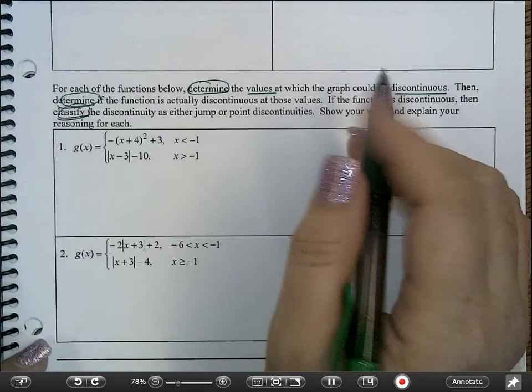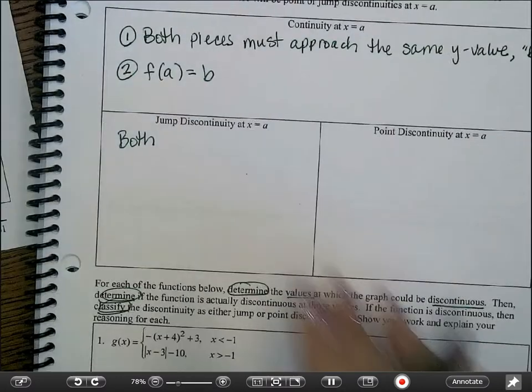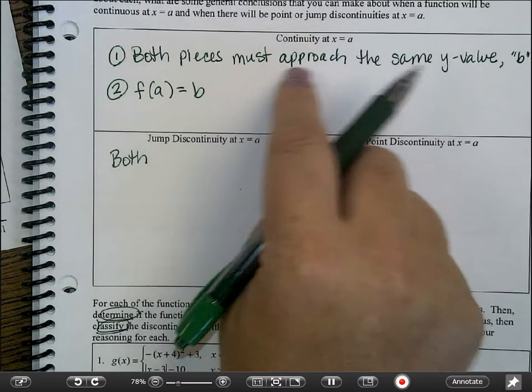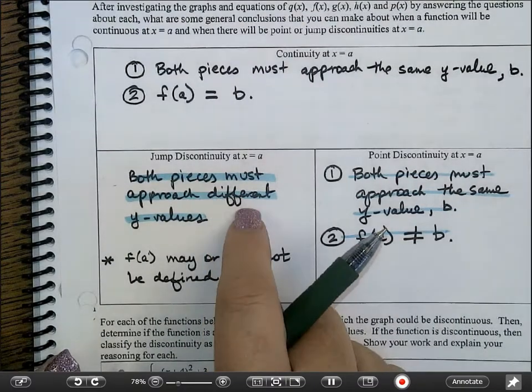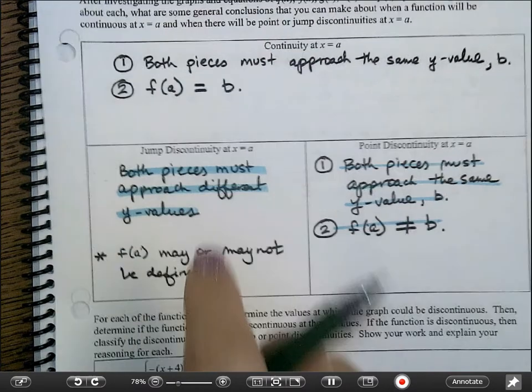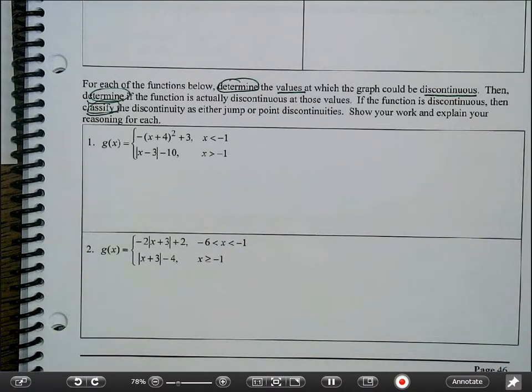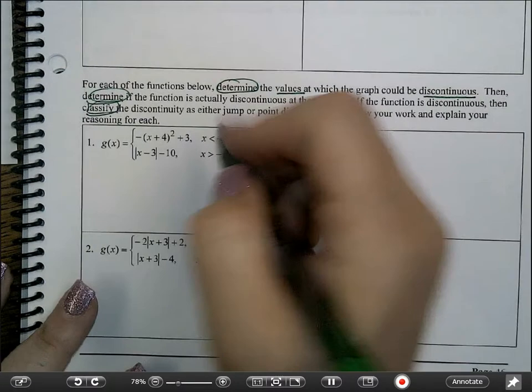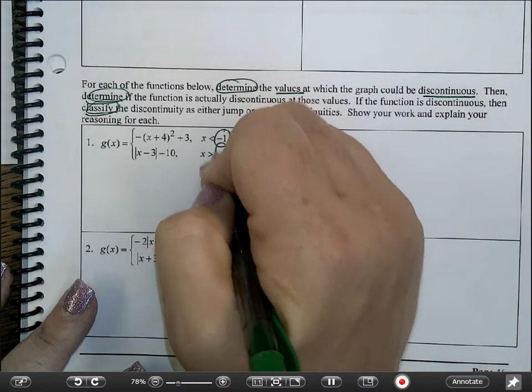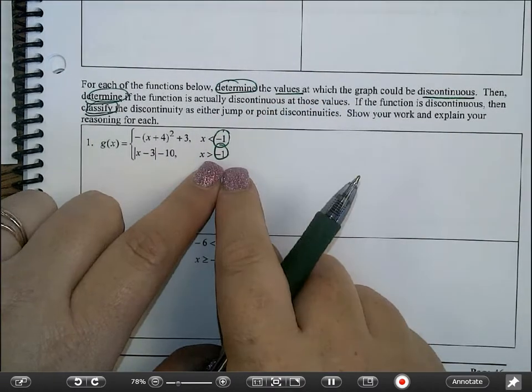Okay, so number 1, the first thing is no matter what, we have to see whether both pieces approach the same y value or different y values. When we're talking about pieces, we're talking about from the left and to the right of a certain number. So we are focusing on when x is -1.